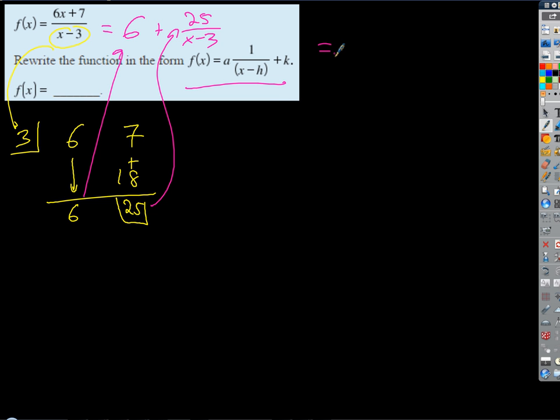So wouldn't that look like, well, you tell me, what's a going to be? 25. So then there's a 1 on the top. What's x minus h? x minus 3. And then my k is just the constant, right? So now it's in that form. Okay? And so we could graph it if we wanted to, right?